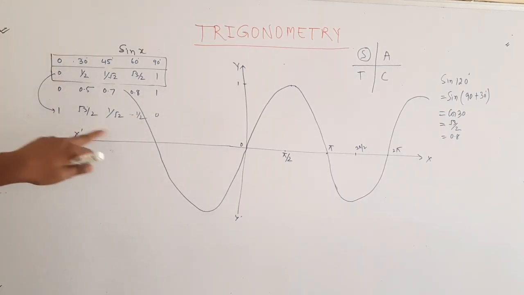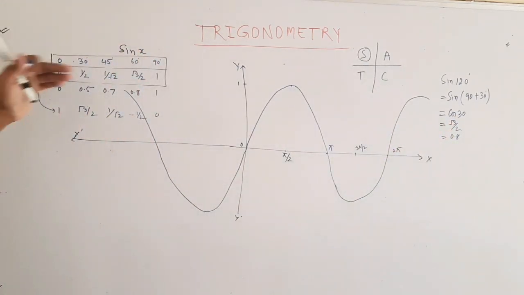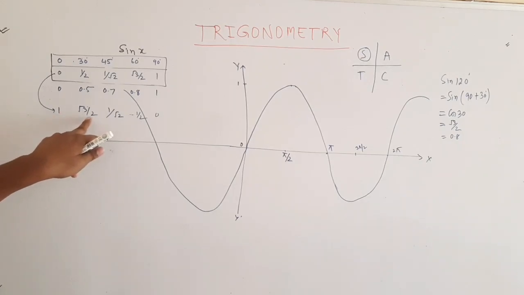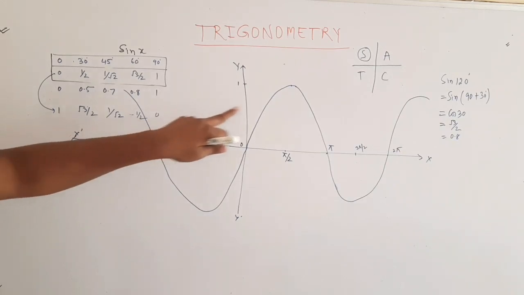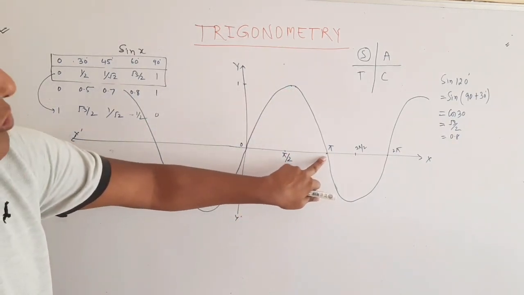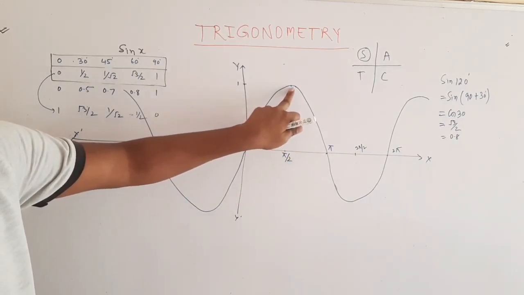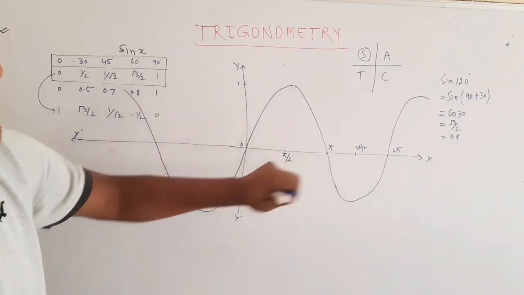So here I am getting cos 30, so when I go from 90 plus in this order, you start getting the values like this: 1, 0.8, 0.7, 1 by 2 and 0. It means that when the angle changes from pi by 2 to pi, the value starts decreasing and you get numbers from 1 to 0.